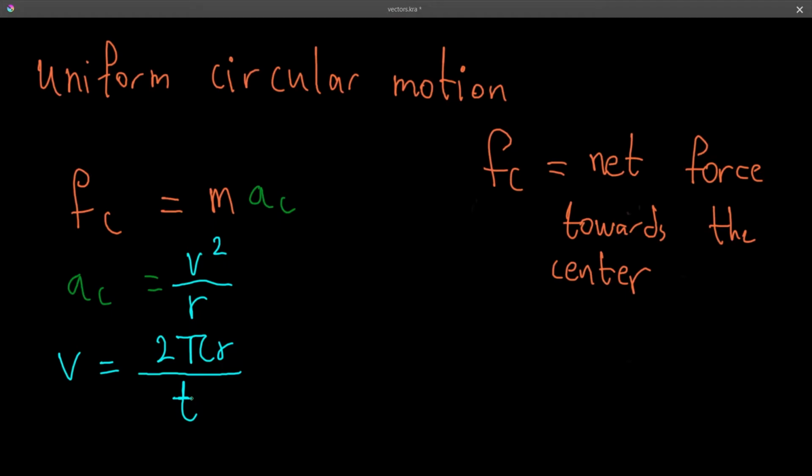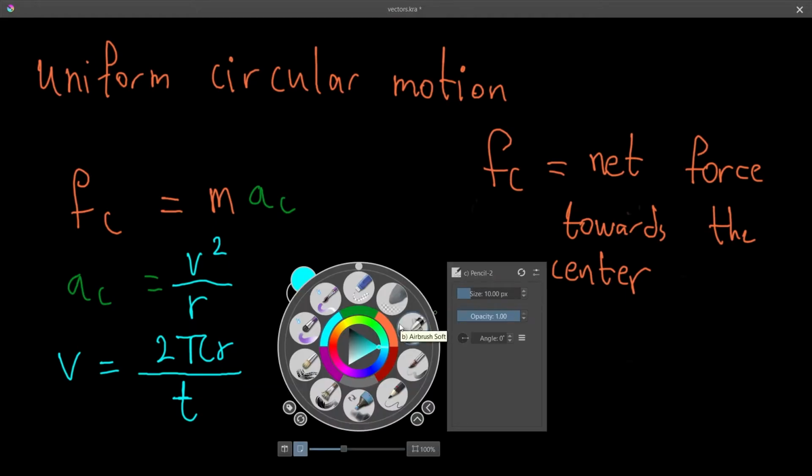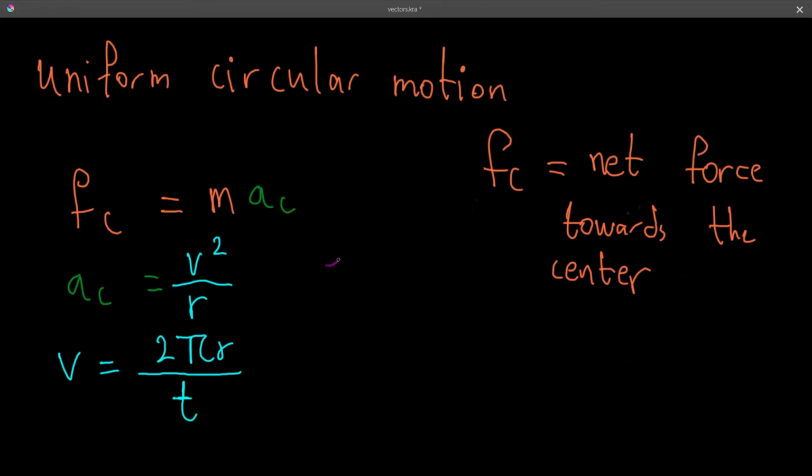So say this is your circle. If you started at this point, the time would be the amount of time it takes you to come back to this exact point again. That's what the period is. And then finally, you've got one last formula, which is that frequency is equal to 1 over T, where T is the period.